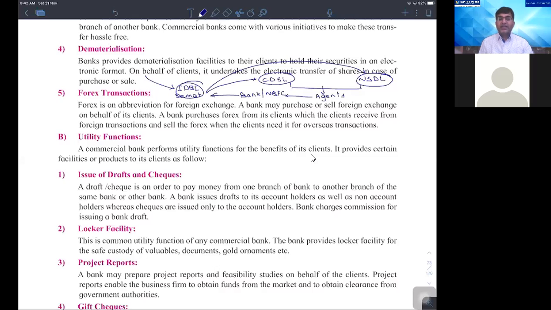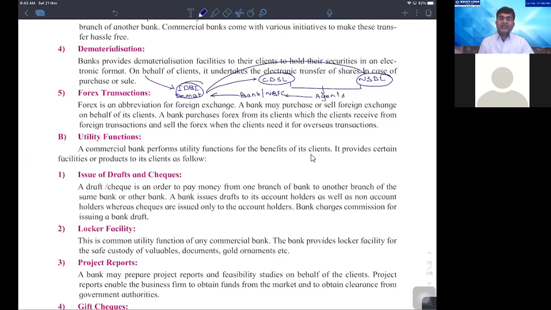So banks provide dematerialization services to their clients to hold their securities. They are not buying or selling. In portfolio management they are buying and selling, but in the case of dematerialization services, they are only holding the securities on my behalf.